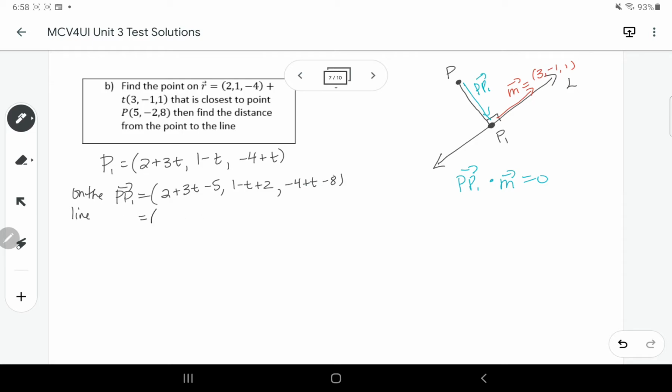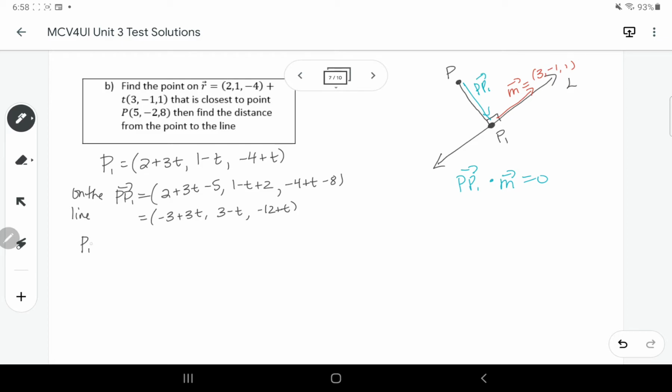So this vector here is negative 3 plus 3t, 3 minus t, and negative 12 plus t. Once you get to that point, I'm going to do the dot product of that with the direction vector, which will give me 0.